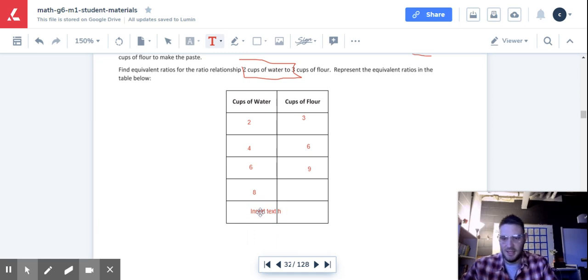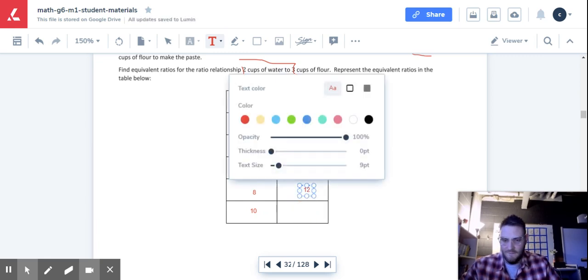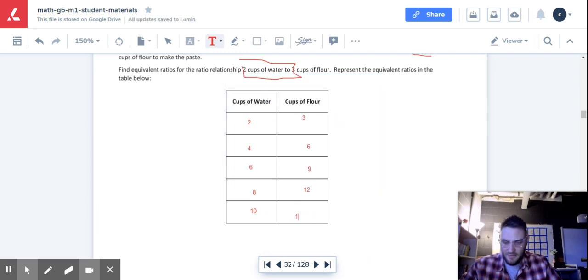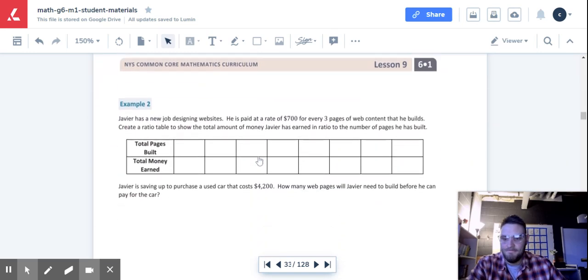Let's say that it is 10, right? And then you get over here and you're going 3, 6, 9, should be 12, and 15. Okay, easy enough, right? It's just equivalent ratios. You're just going down, and the original ratio was 2 to 3, right? All right, let's move on.